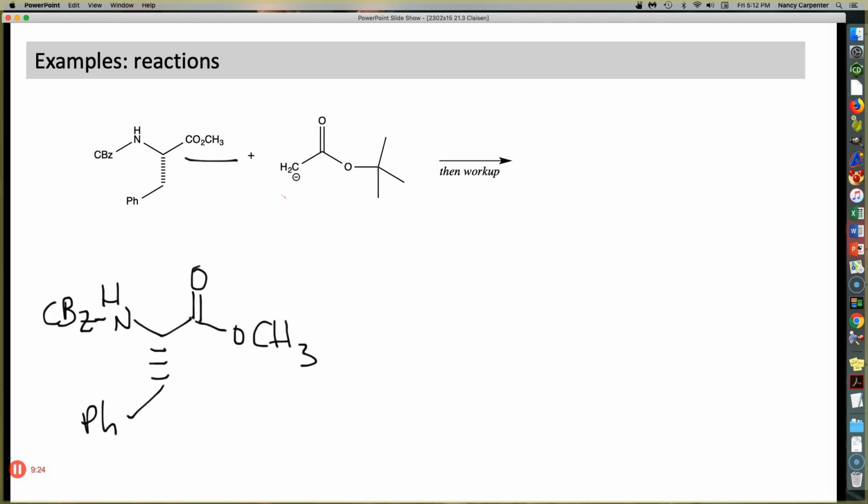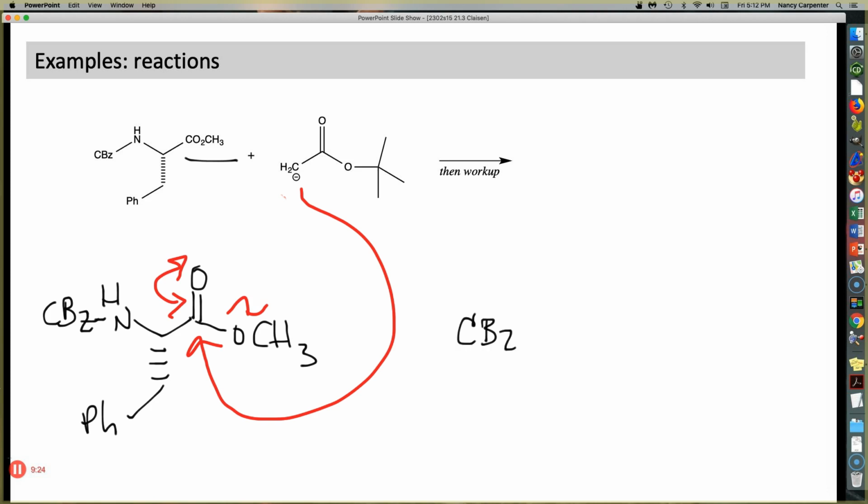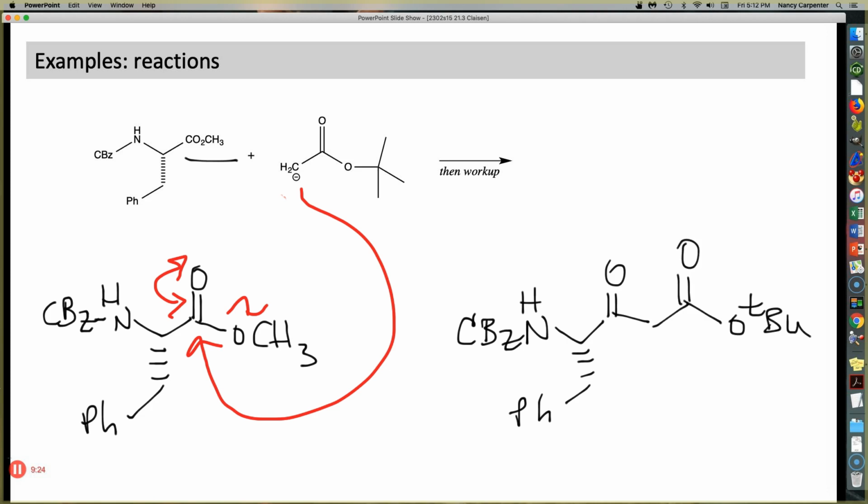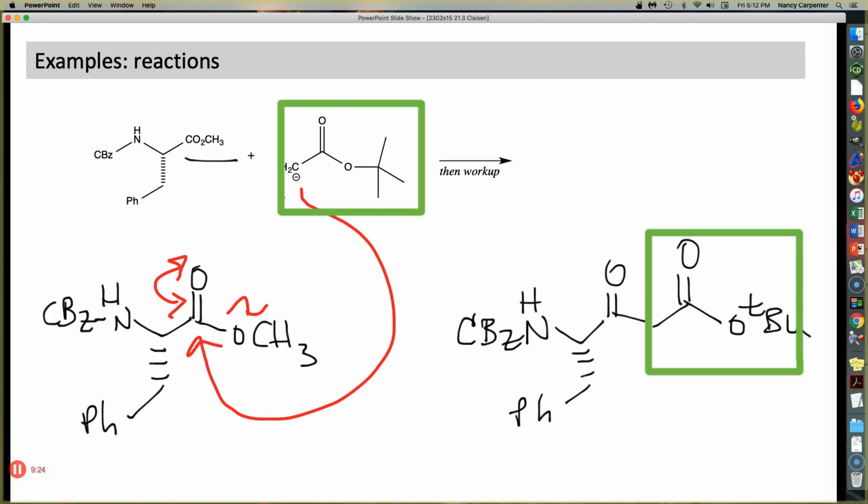In so doing, I now can see that I'm going to come over here, up, down, out, and so my product should be this protected amino thing. Don't mess with the stereocenter. I didn't do any chemistry there. And here's my enolate piece right there. That should be my product.